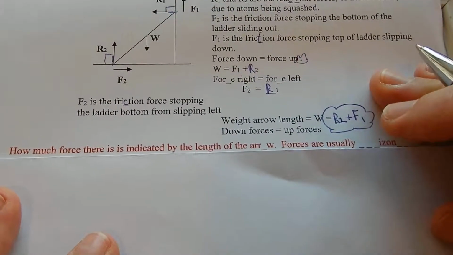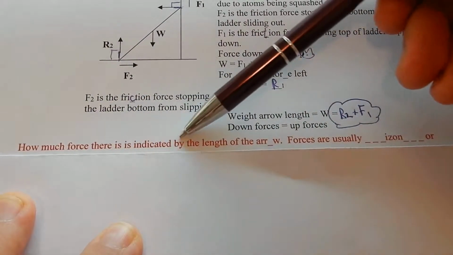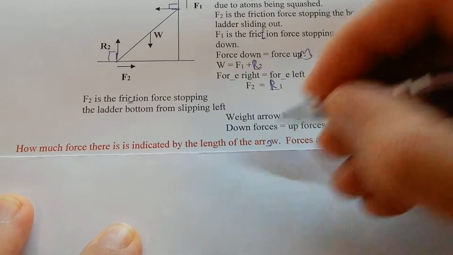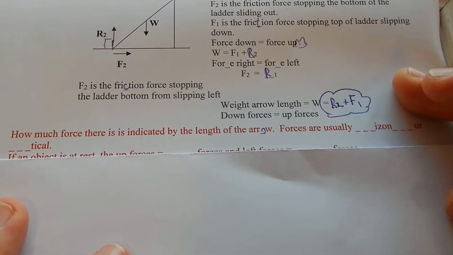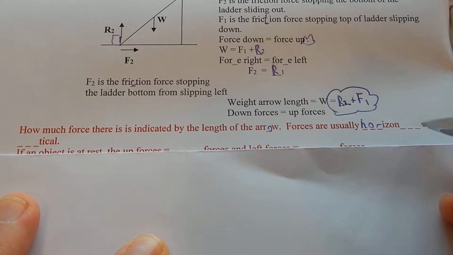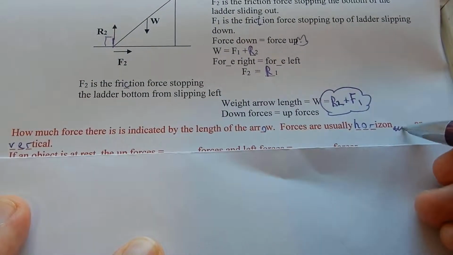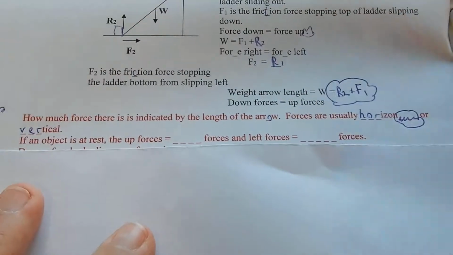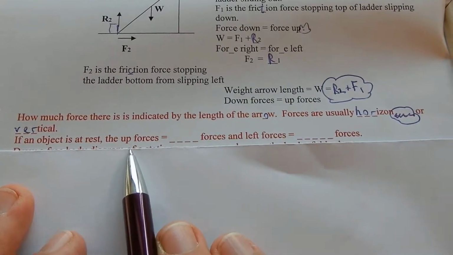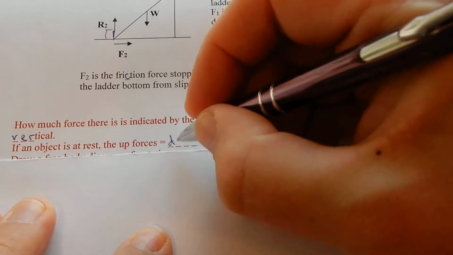How much force there is is indicated by the length of an arrow. Forces are usually horizontal or vertical. If an object is at rest, the up forces equal the down forces and the left equals the right.